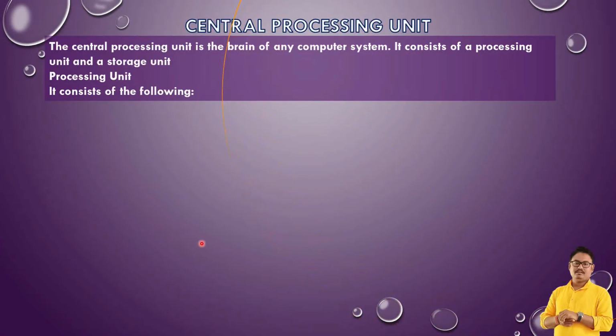Central processing unit. The central processing unit is the brain of any computer system. It consists of a processing unit and a storage unit.